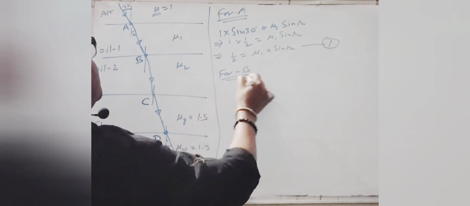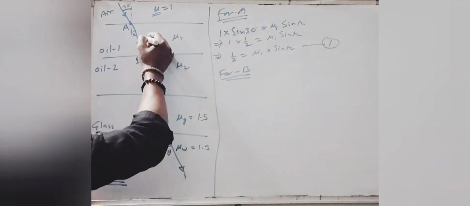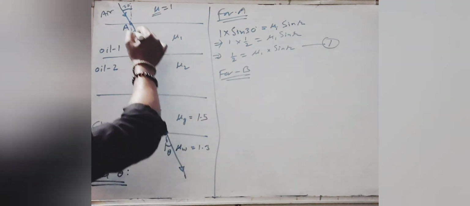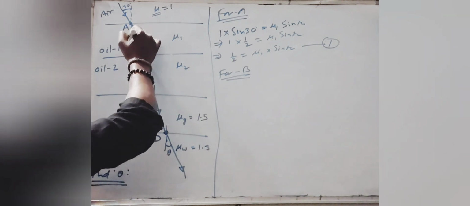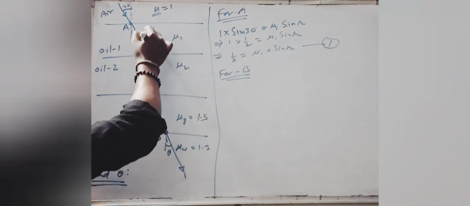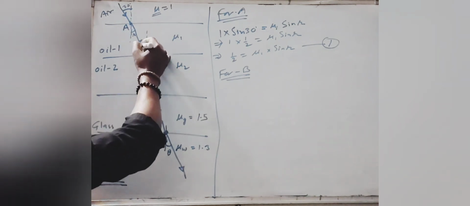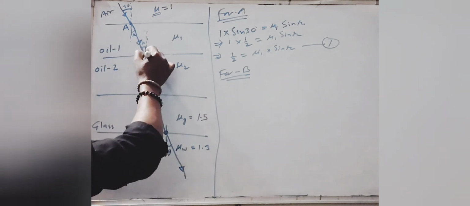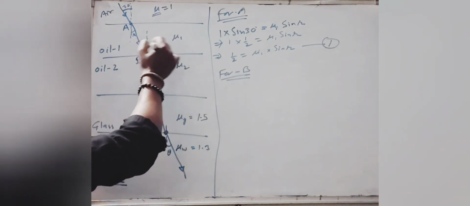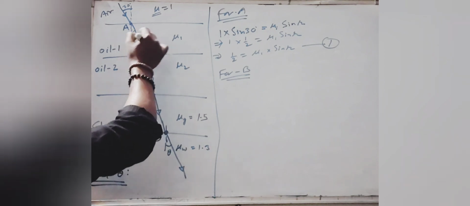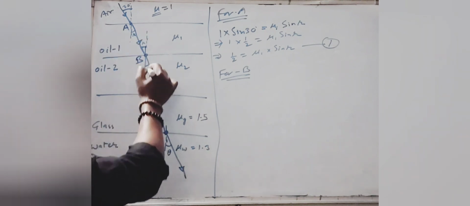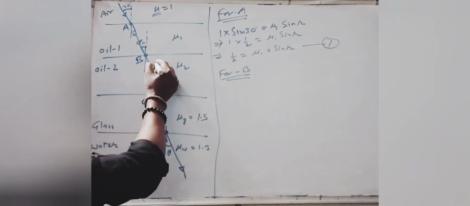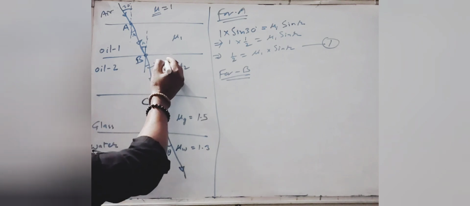So now come to point B. Here one thing is clear: since this is r and this line and this line are parallel, so this is also r. Now r is the angle of incidence here for oil 1 medium, and here the angle of refraction, let us suppose, is r1.